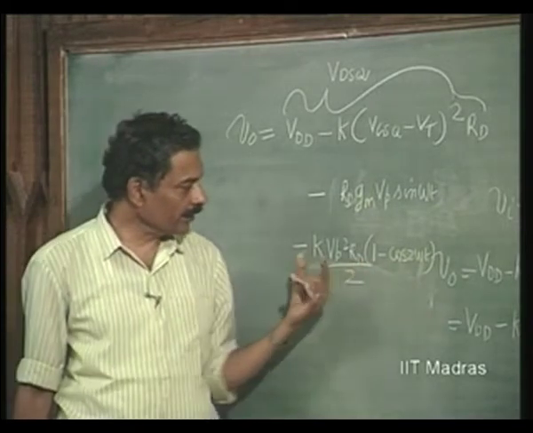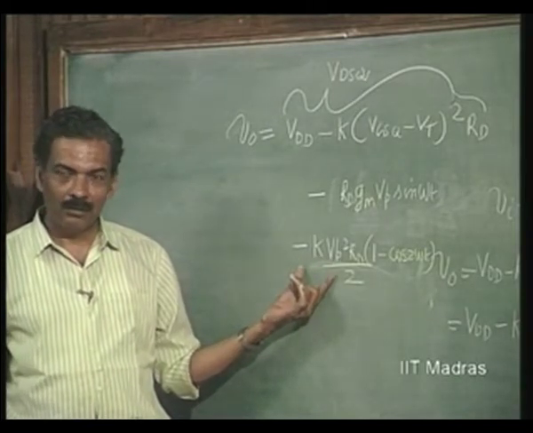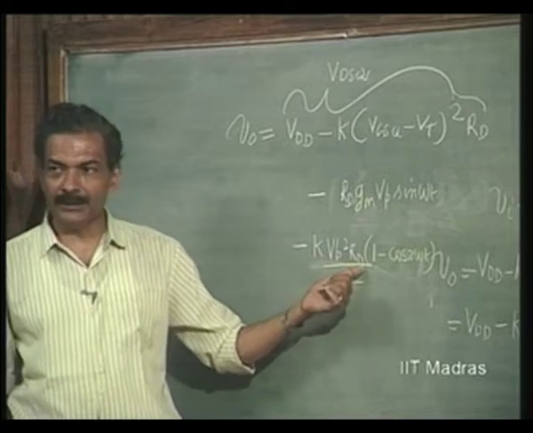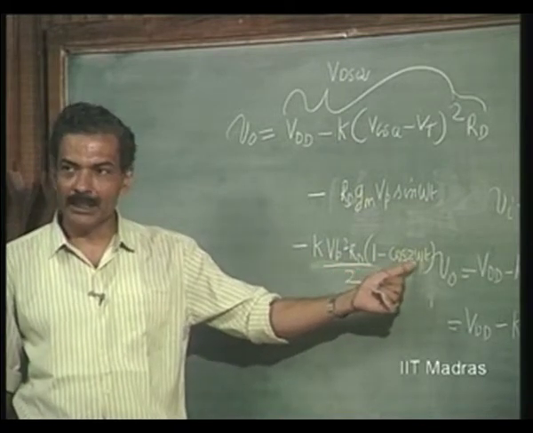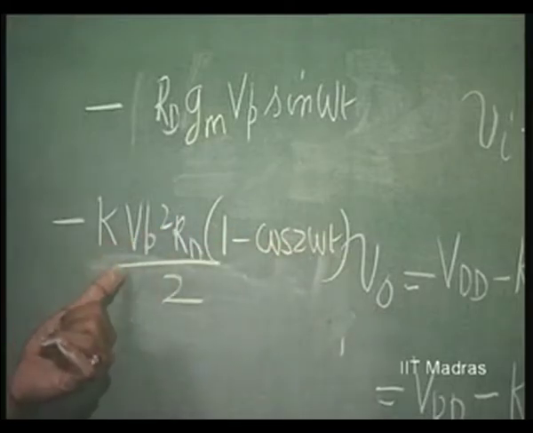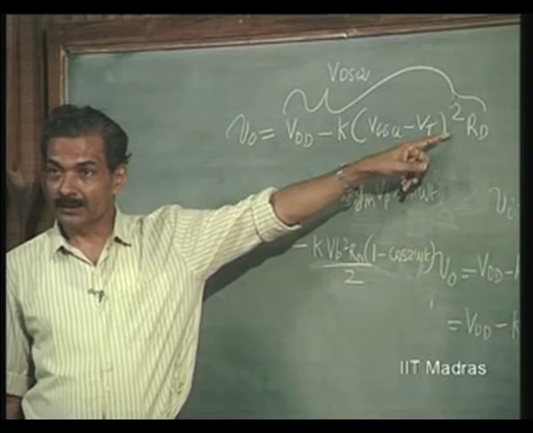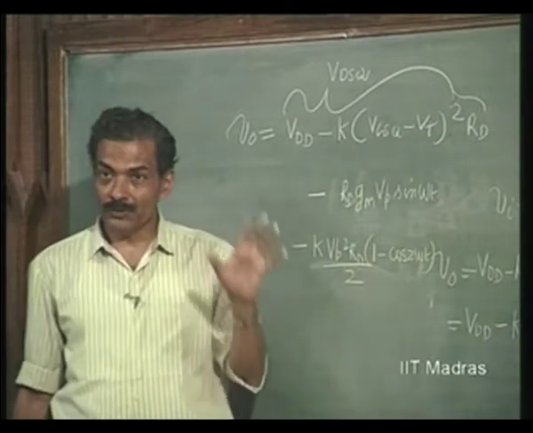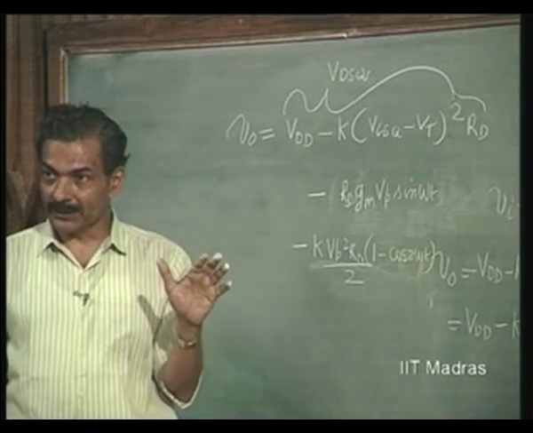And the extent of second harmonic you can learn by how? By seeing that there is a DC term caused by the same thing. The amplitude of the second harmonic is the same as the DC term which comes over and above the quiescent voltage. Before you apply the input signal, there is a quiescent voltage which is called VDSQ.